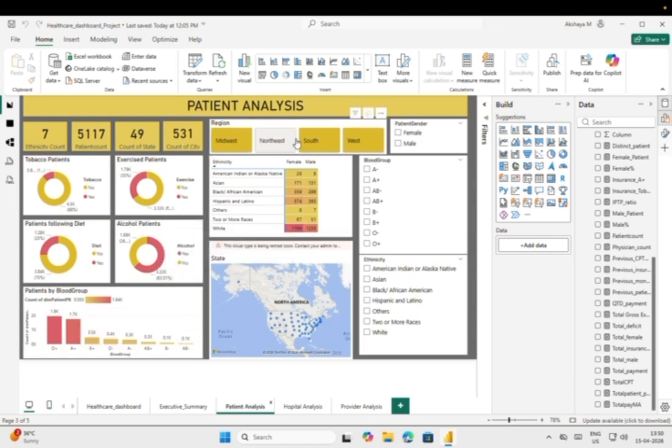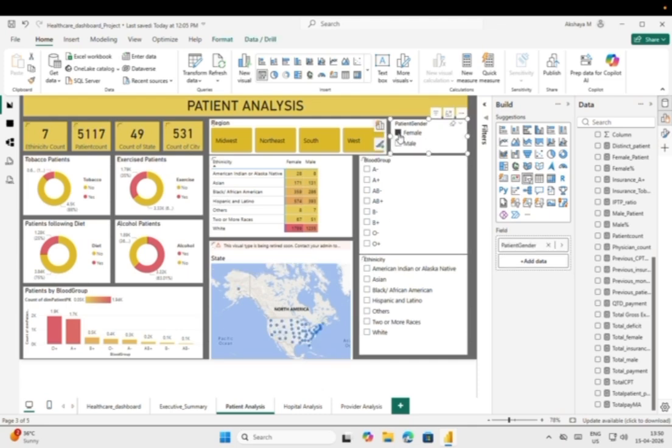I have implemented slicers as well for regions, patient blood group, and ethnicity. For ethnicity, there are a total of 7 distinct ethnicities. With these slicers, let's implement the female slicer.